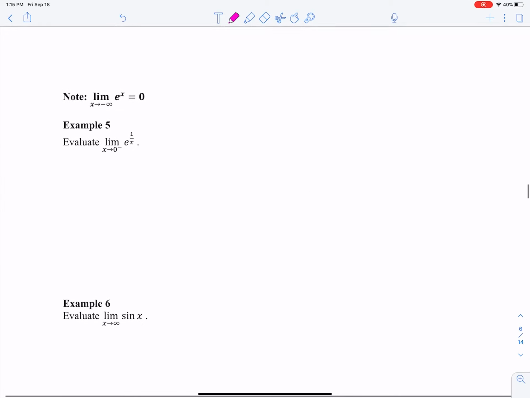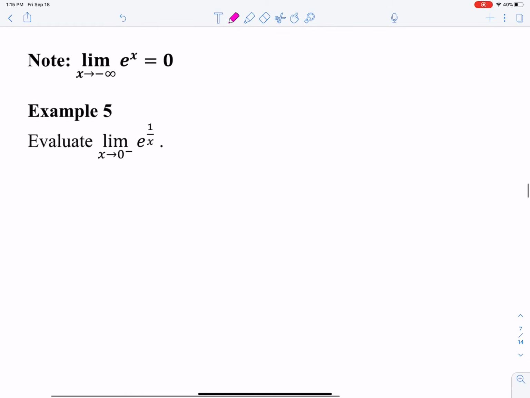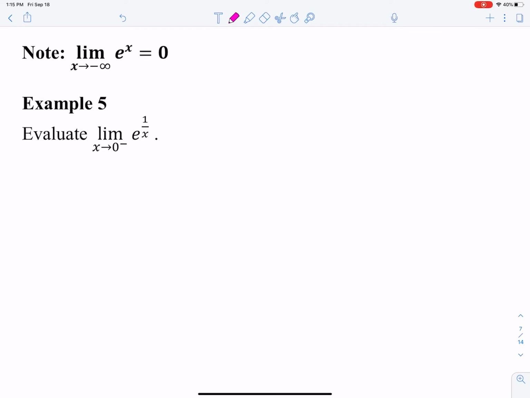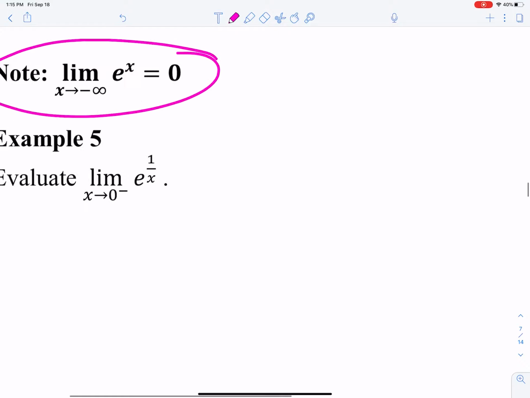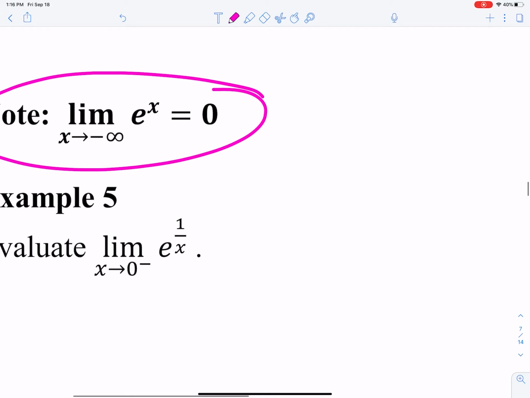All right, another example. I know this section's heavy in examples. So right here they say note, the limit as x approaches negative infinity of e to the x equals 0. And you're like, well, why? Well, let's talk about why. We're not even going to do the example just yet.